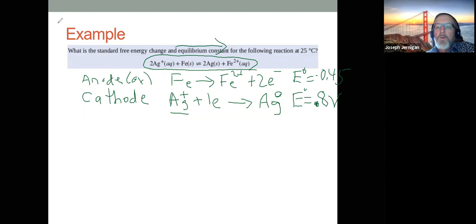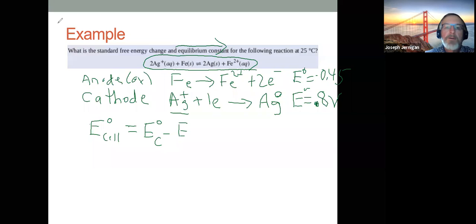Yeah, roughly. Okay. So E0 is 0.8 and then minus 0.45 for the cathode and the anode, respectively. And again, our E cell, and sometimes you'll see it written E0 cell, or delta E, is equal to E0 cathode minus E0 anode.